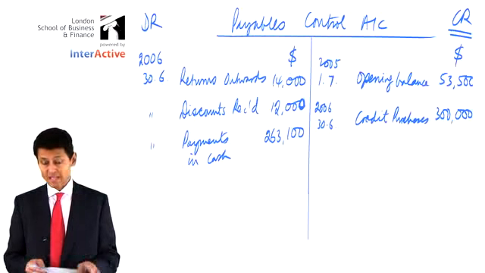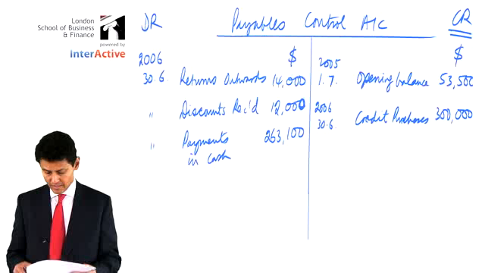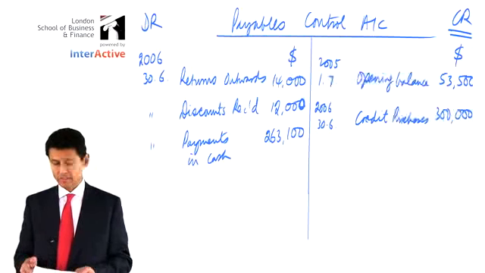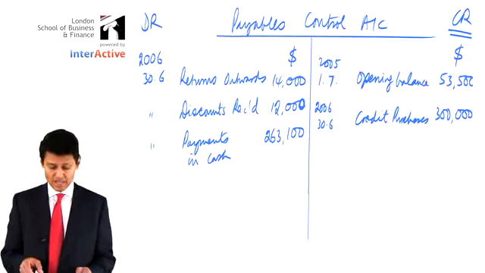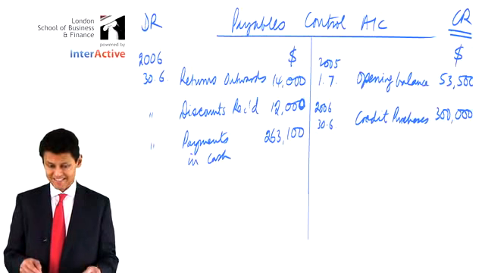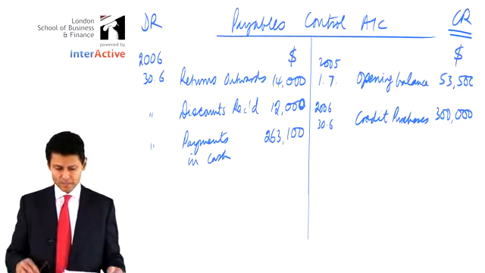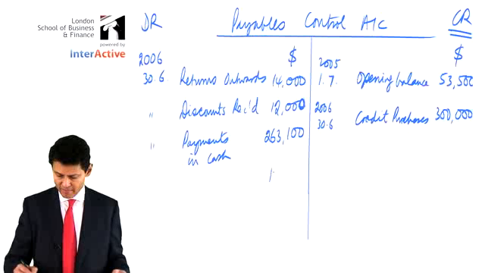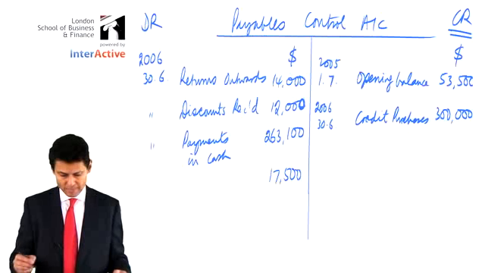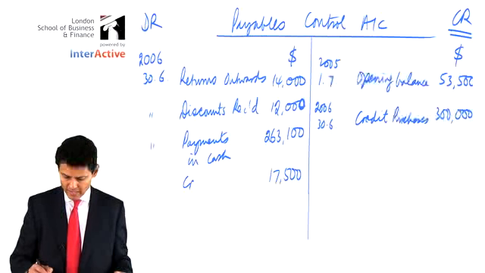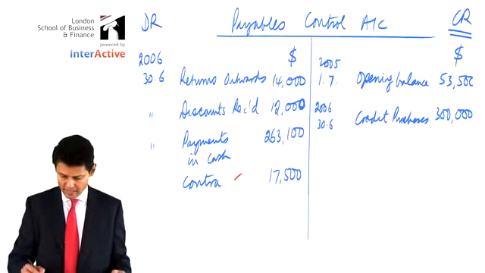Then comes the intriguing contra. This is where both the PCA and the RCA are affected. So what I need to do, I suppose, is to put the 17,500 onto the debit side, and I'll call that a contra with a little C sign.